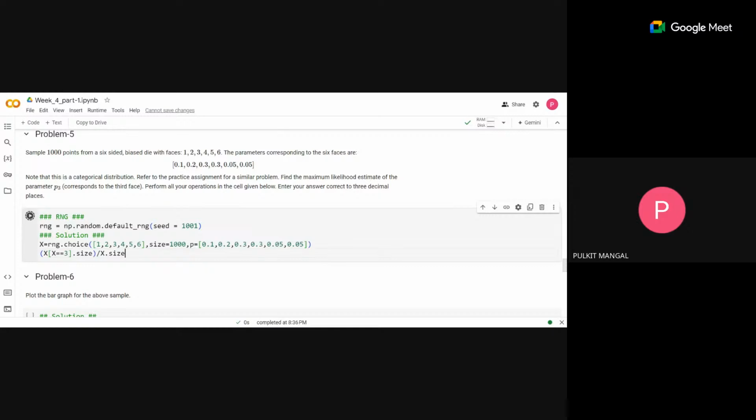Now if I run this cell, I will get the MLE 0.319. Now, if I ask you to calculate the MLE for P5, the only thing you need to do is change this 3 to 5, and you will get the MLE for P5. So let's keep it like this.